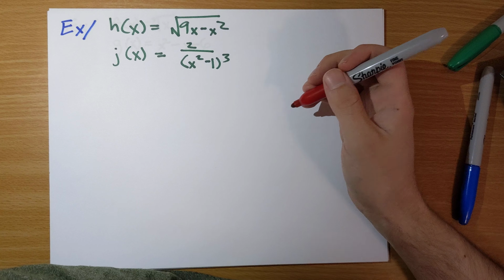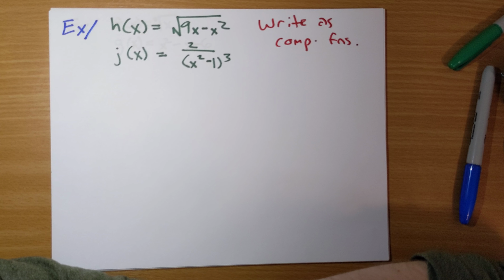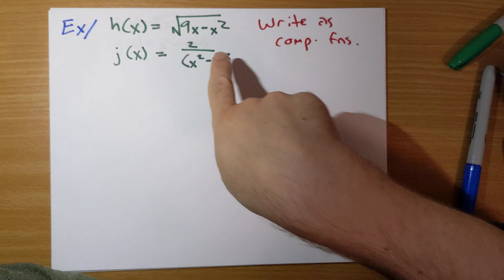If I were to ask you how to compute h of x for some particular value of x, you would probably compute 9x minus x squared, get some answer, and then take the square root of that.